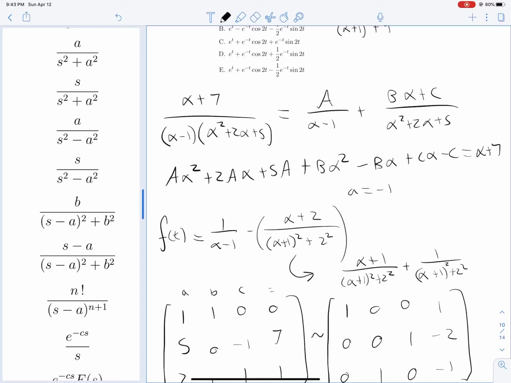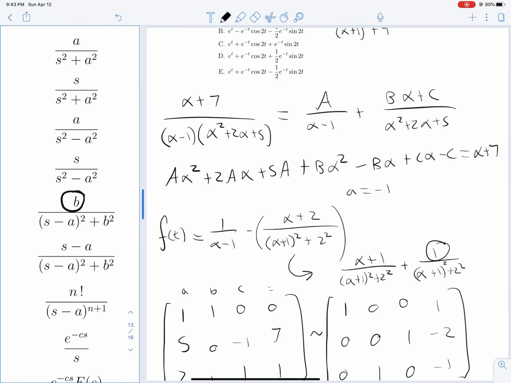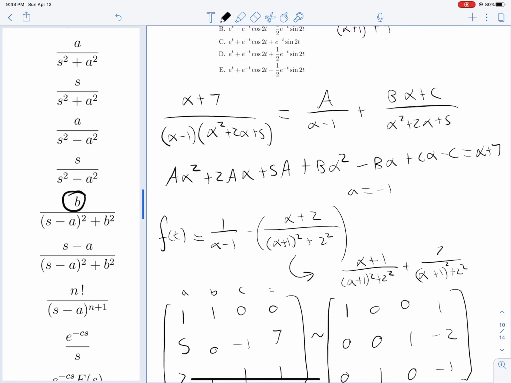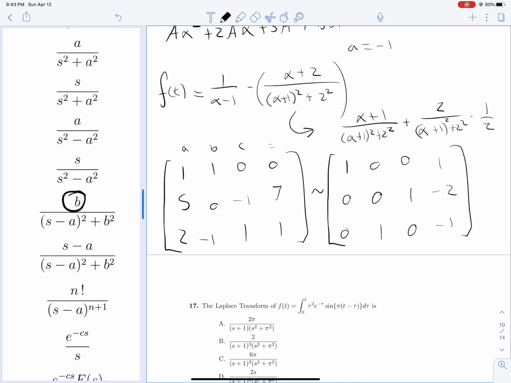This is a particularly crappy problem because I realized that we don't want a 1 on top here. We want our value of b on top, which is 2. But all we need to do that is multiply this by 2 and then multiply the whole thing by 1/2. So we are ready. We can take the inverse Laplace transform of f of t.